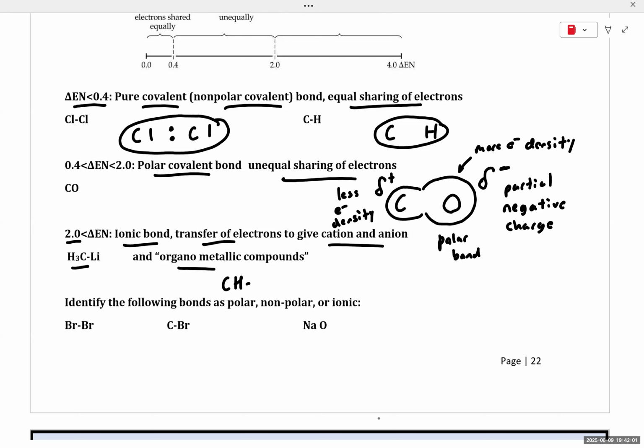When you see the formula CH3Li, the carbon-lithium bond is not a covalent bond. It's really CH3 minus anion and lithium plus. There are no bonding electrons shared between two atoms. Instead, we have an ionic compound where there's a cation and an anion. This is an ionic bond, not covalent. Very important.